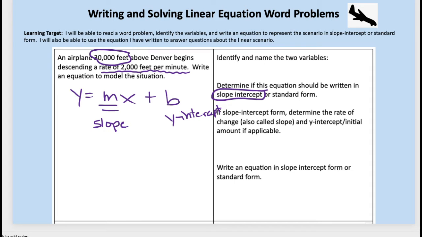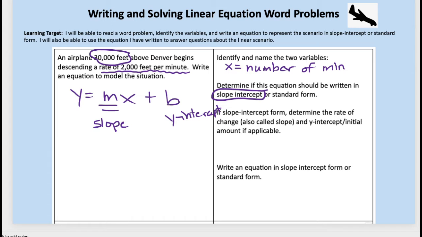So right away, I know that x is going to be equal to, or whatever variable I choose, it doesn't have to be x, but it's going to stand for the number of minutes because I don't know how long this airplane is descending. So I'm going to write that as one of my variables, the number of minutes.